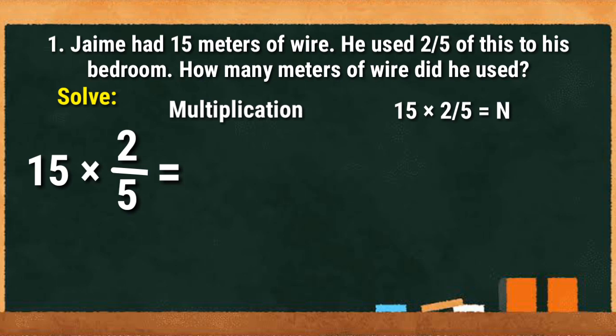First thing to do is to convert your whole number into a fraction by putting number 1 below 15. So that is 15 over 1.